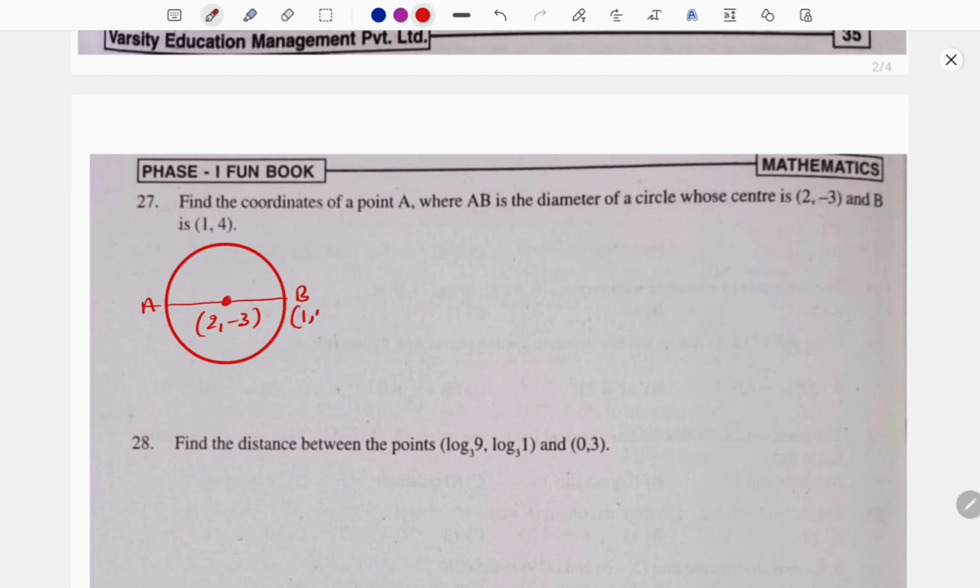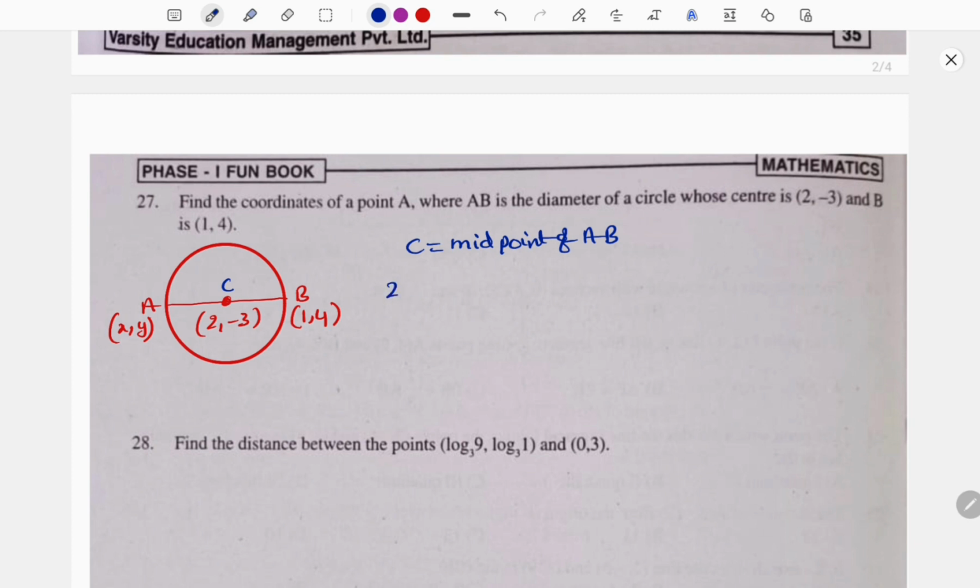First of all, you find A. Suppose A is x comma y. You know the center C is equal to the midpoint of AB.